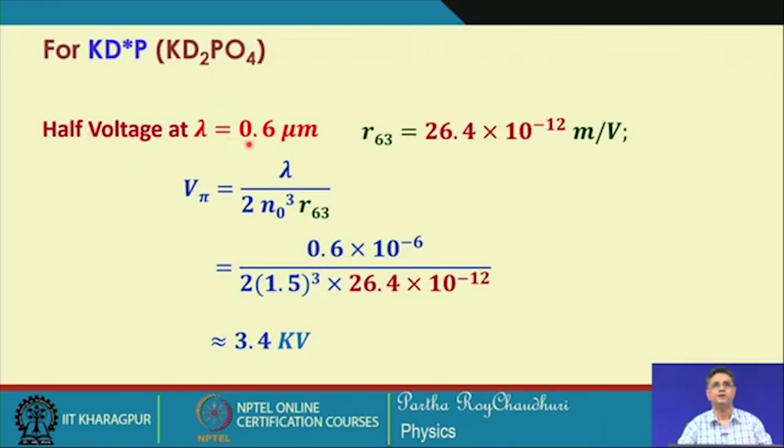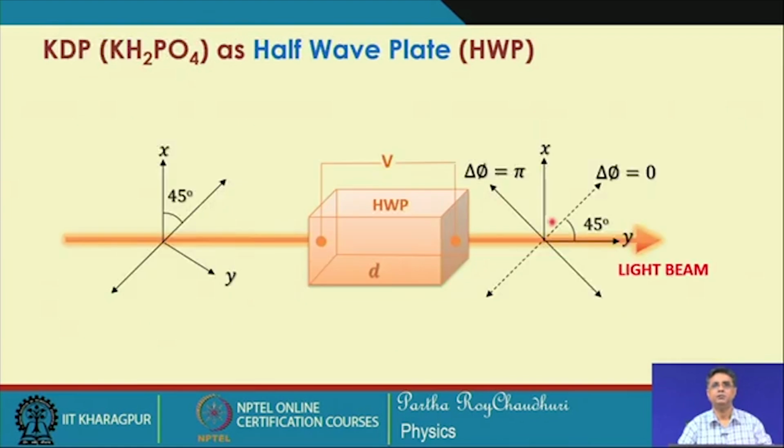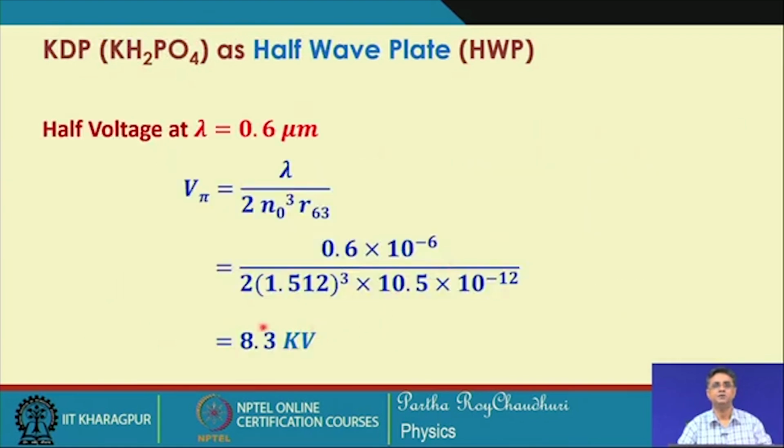Okay. For K D star P, dihydrogen phosphate, the coefficient is now higher, and as a result the half-wave voltage reduces to 3.4 kilovolt, which is as good as one third of the half-wave voltage of the KDP crystal.